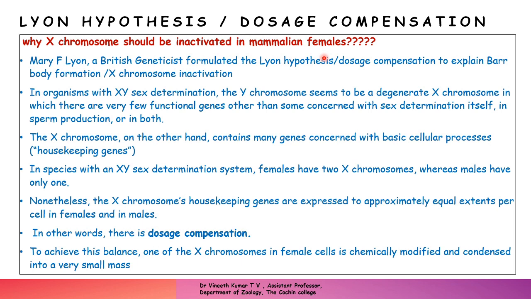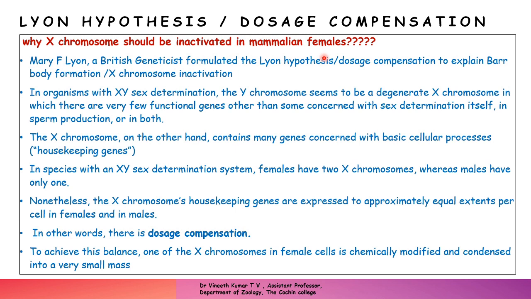So if the bar body were completely inactivated, he should be fine, a normal male. But he is not a normal male, he is sterile. That indicates that the inactive X chromosome has some transcriptionally active genes, which cause this abnormality. So, coming back to the question of why the X chromosome should be inactivated in normal mammalian females.